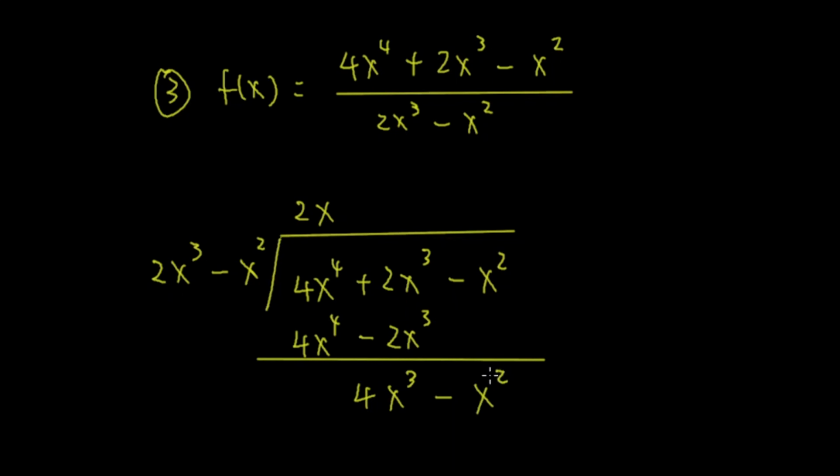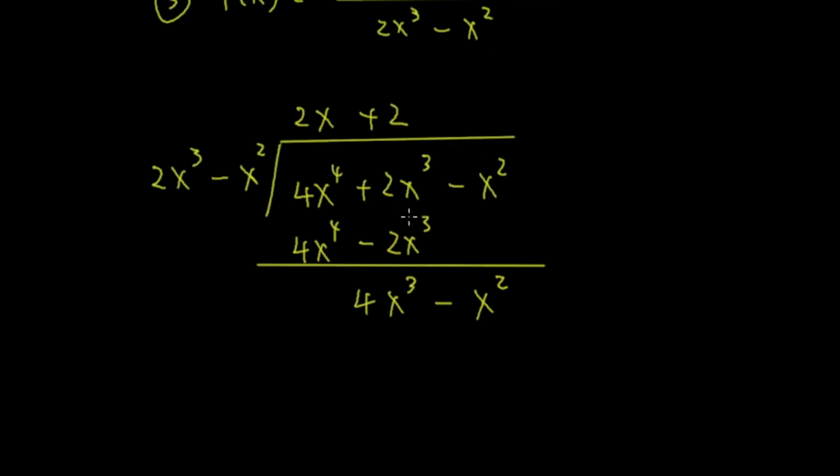Okay, now, what's next? Okay, so I should plus 2, right? 2x cubed times 2 is 4x cubed, minus x squared times 2 is minus 2x squared. Now 4x cubed minus 4x cubed is 0.